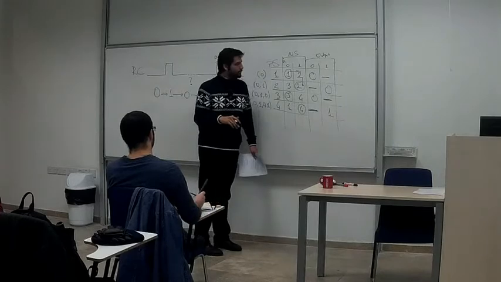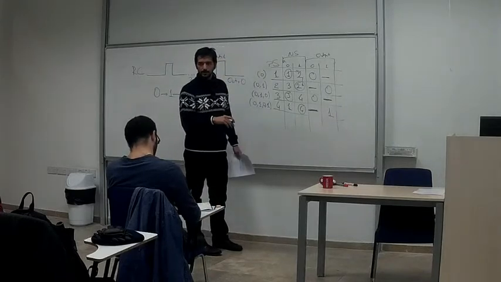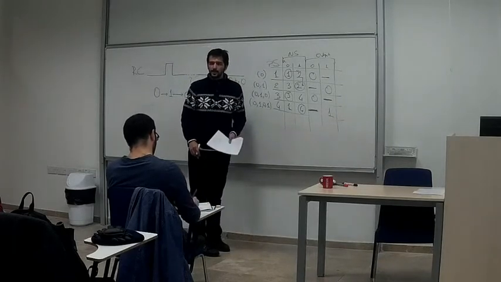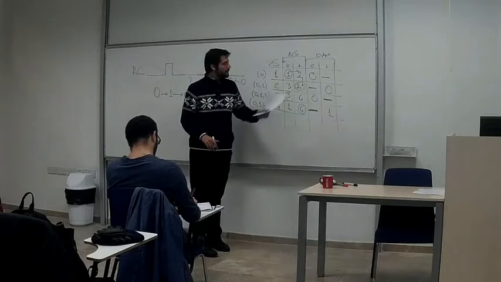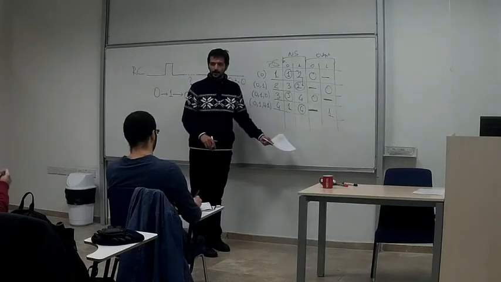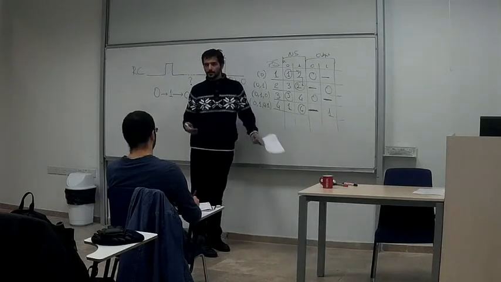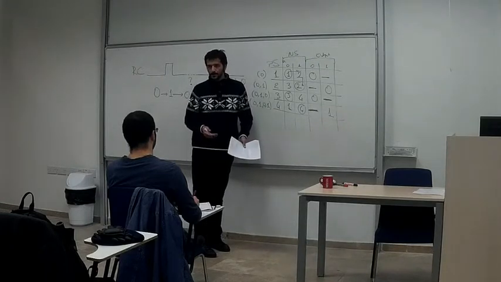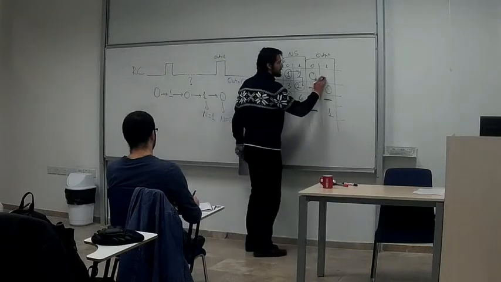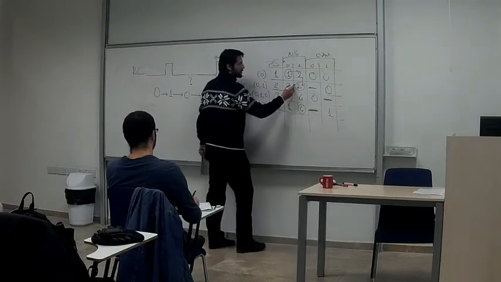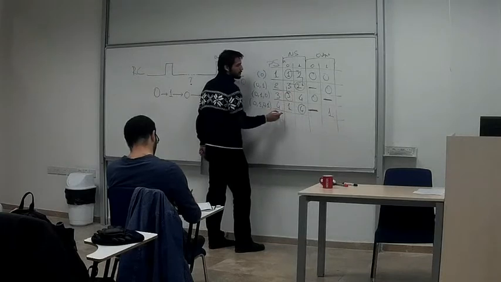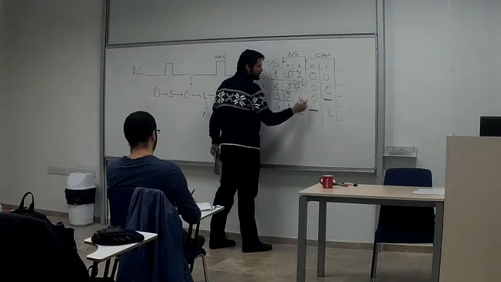Yes, we do know at state 2, but for more complex questions, you should follow such steps in order to make sure you won't have any false outputs or glitches. So of course this is going to be 0, and again from 2 to 3, it's going to be 0.